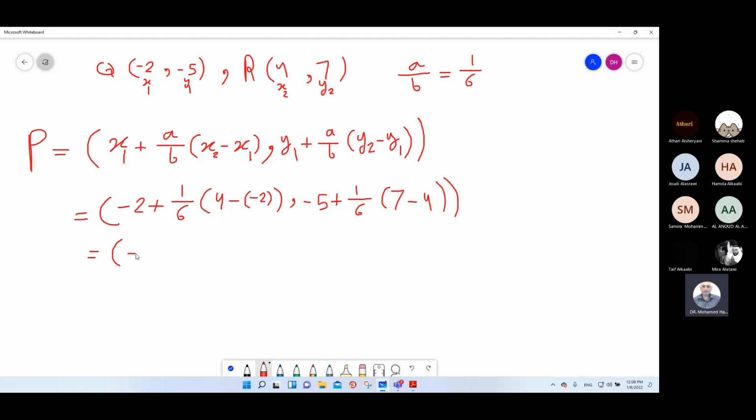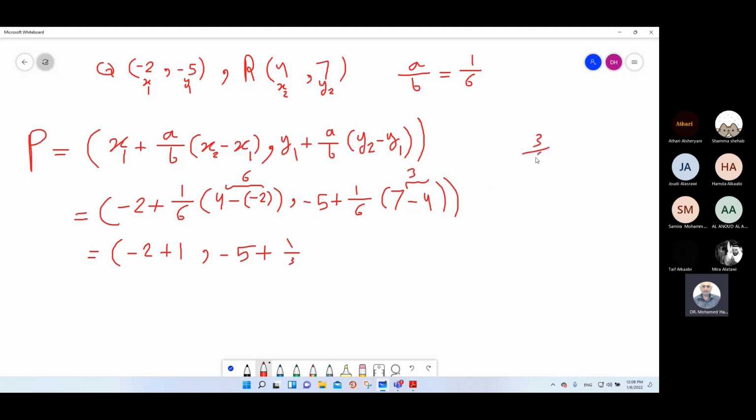Now here we have negative 2 plus negative negative means positive 4 plus 2, 6. Here we have 6. 6 times 1 over 6. 6 divided by 6 will be 1. And here we have negative 5 plus 7 minus 4, 3. 3 times 1 is 3 over 6. 3 over 6 means 1 over 2.